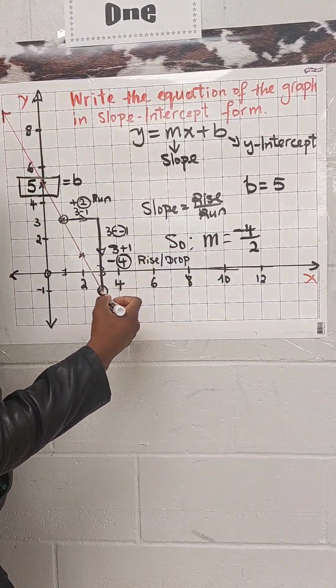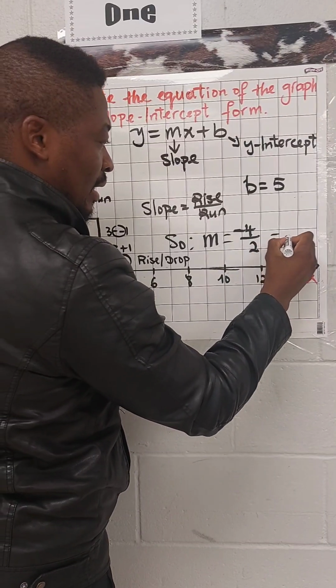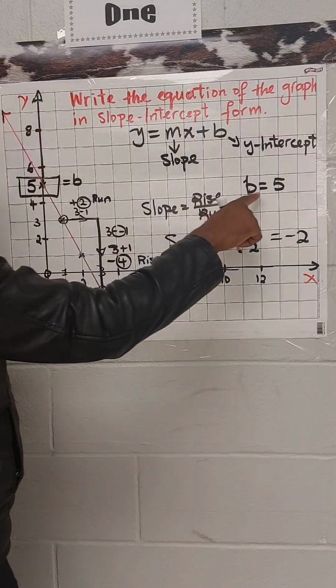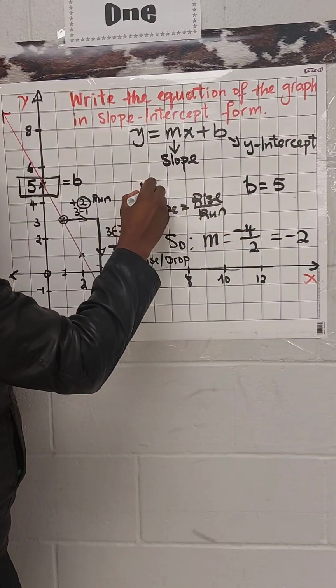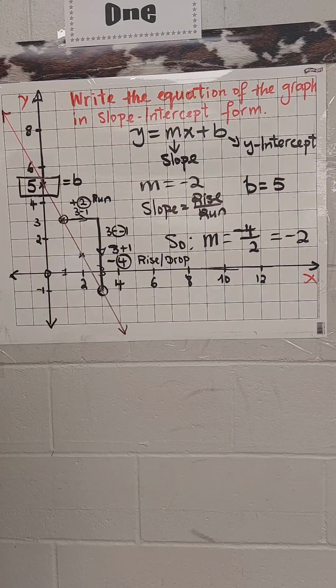And we can simplify this. -4 divided by 2, we can simplify this to get -2 over 1, or just -2. So now I know B is 5, and I also know that M is -2. This is the time to write the equation of the line.